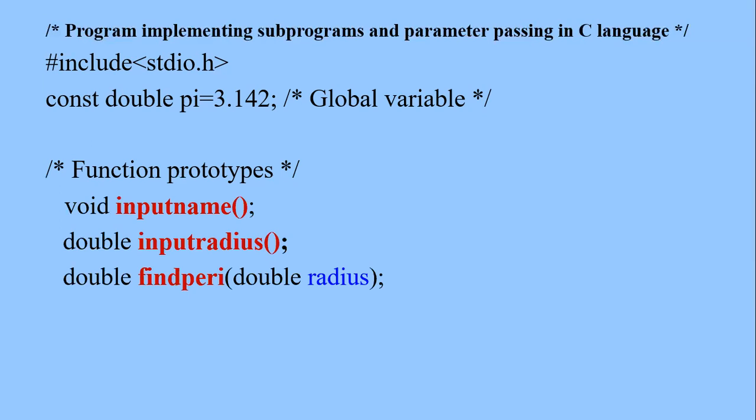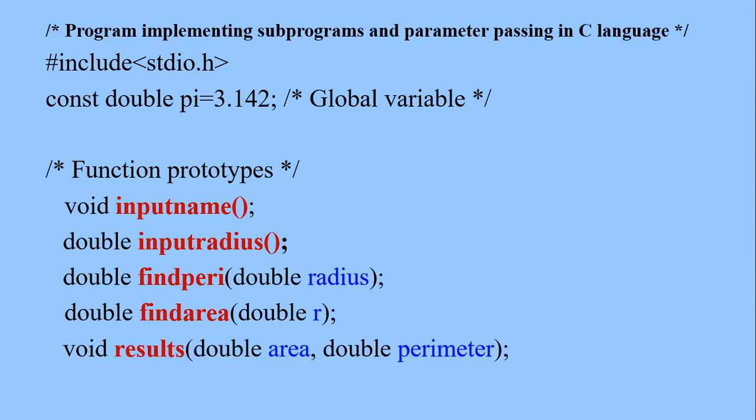It is going to receive one parameter of type double, and it is going to return a value of type double. Then we have another function which is called find area. It will receive one parameter of type double, and it will return a value of type double.